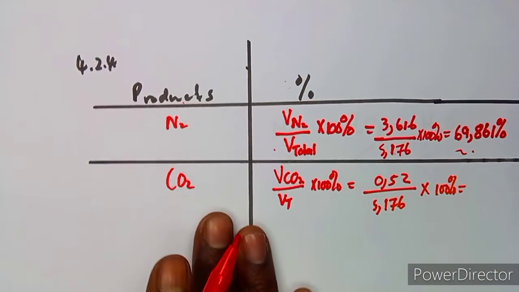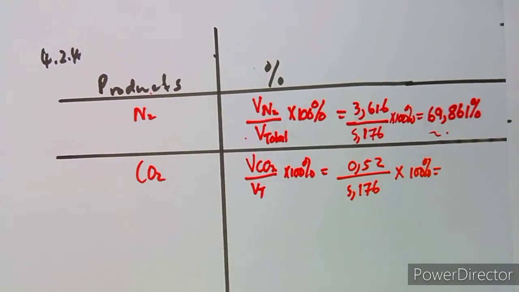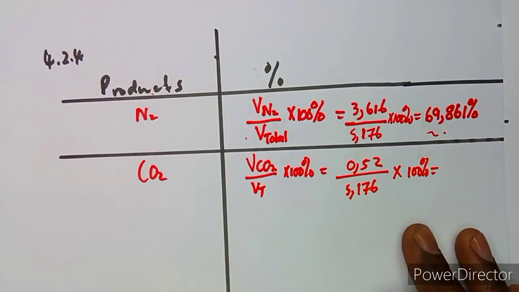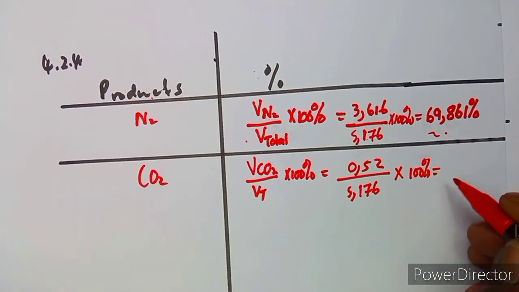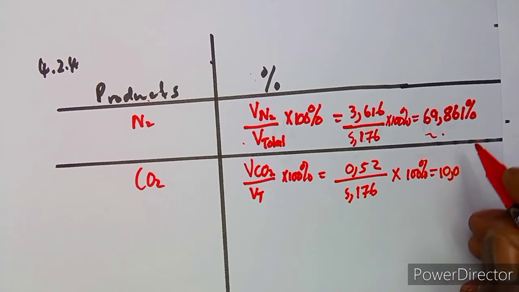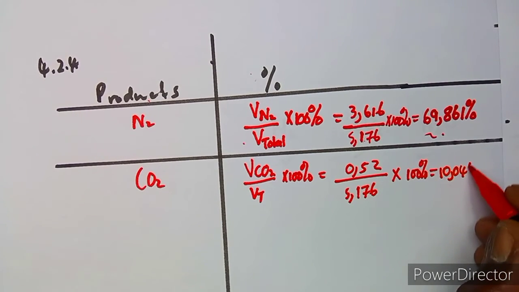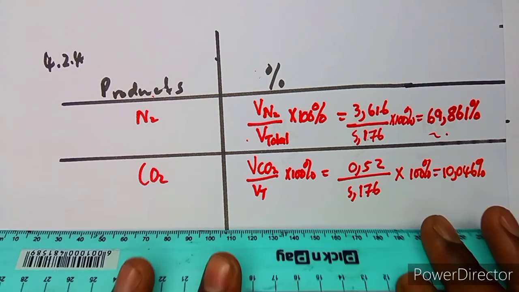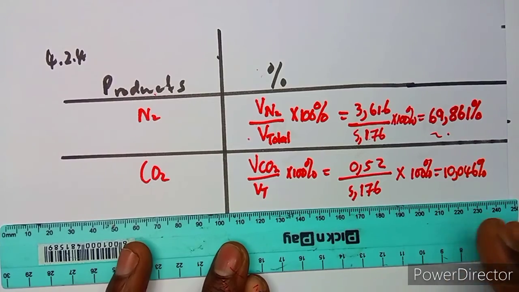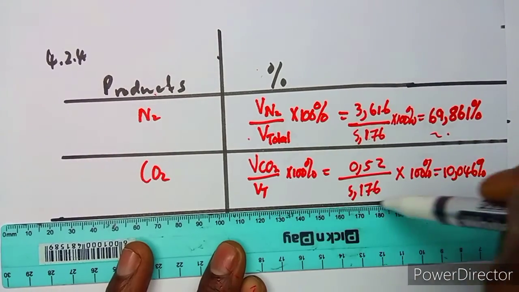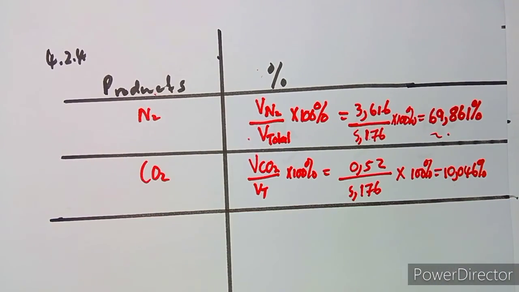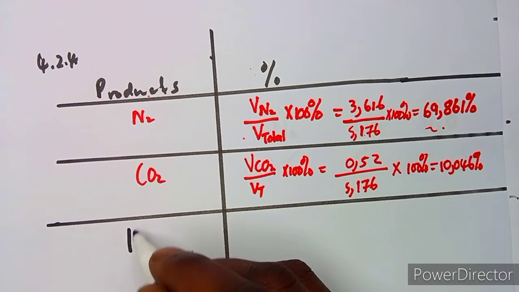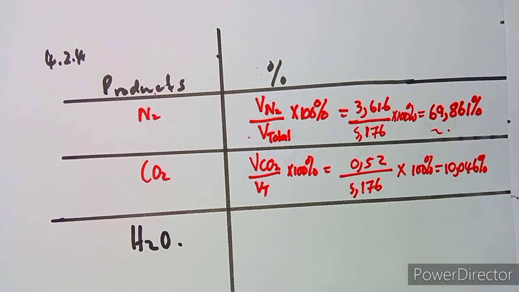So you can obtain the percentage for carbon dioxide now, and that is going to be 10 point something, like 10.046. The degree of accuracy there is not like you have to use 3 decimal places, you can even use 1 decimal place. All that matters is that it must balance at the end. We move on to the water.